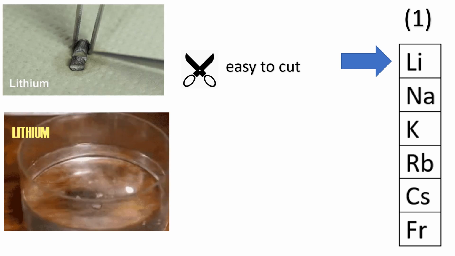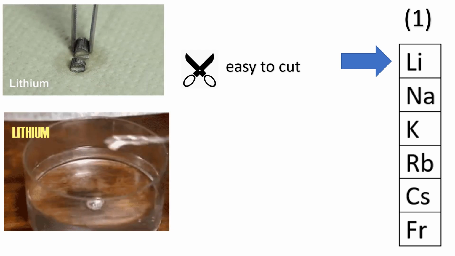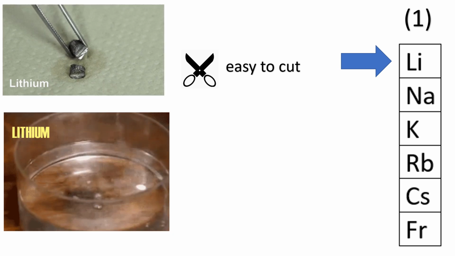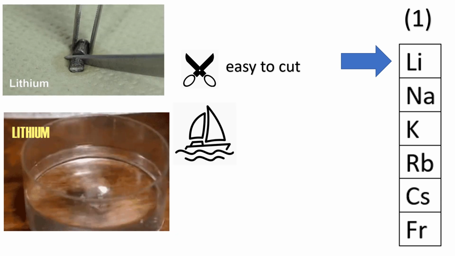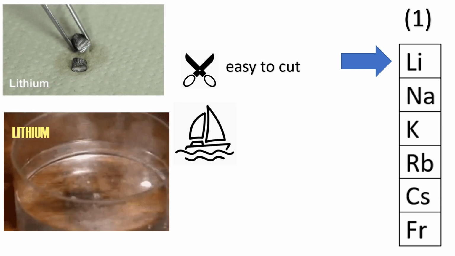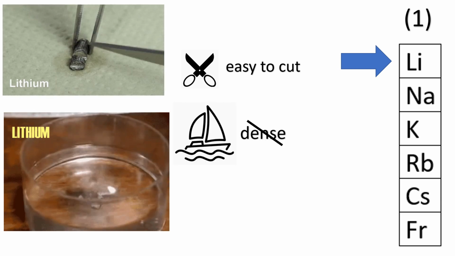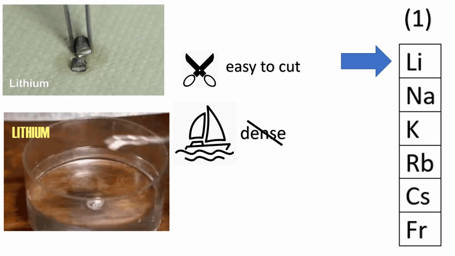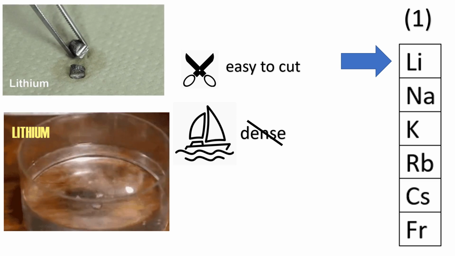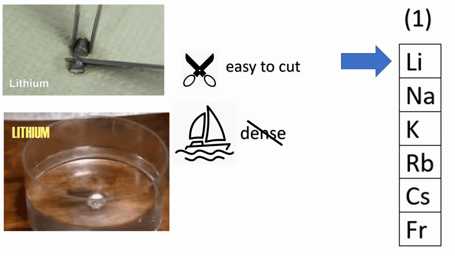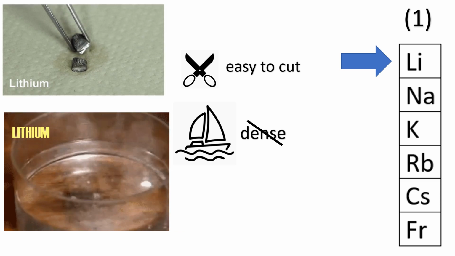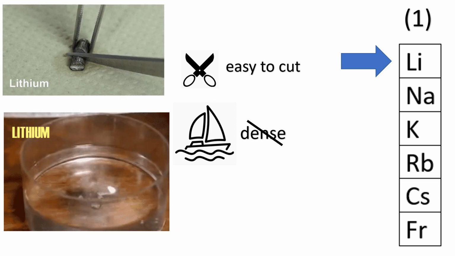If you look at the second diagram, again, very unusually for a metal, that metal is floating on the water. So you would say that lithium is not dense, or has a low density. So unlike iron, that's going to sink to the bottom, isn't it? Gold would sink to the bottom of the water, whereas this lithium here is just floating on the top.